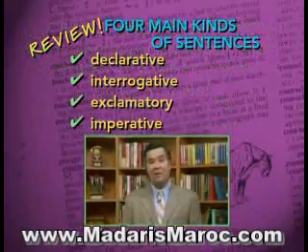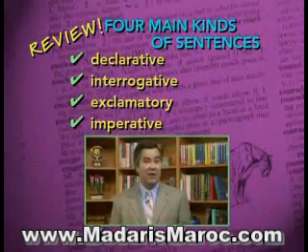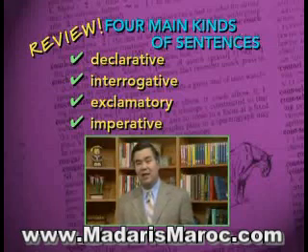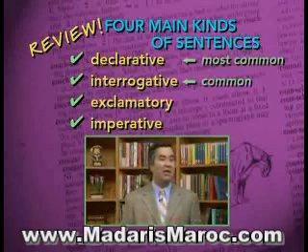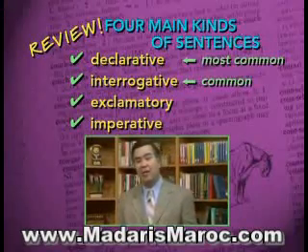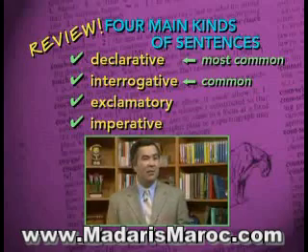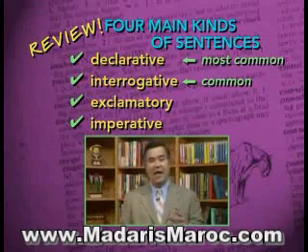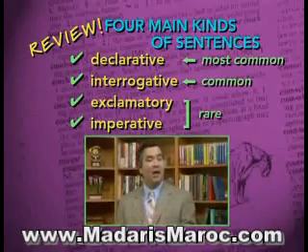These then are the four types of sentences: a declarative sentence, an interrogative sentence, an exclamatory sentence, and an imperative sentence. In most writing, declarative sentences are by far the most common. Interrogative sentences come second most frequent, and exclamatory and imperative sentences are very, very rare in writing.